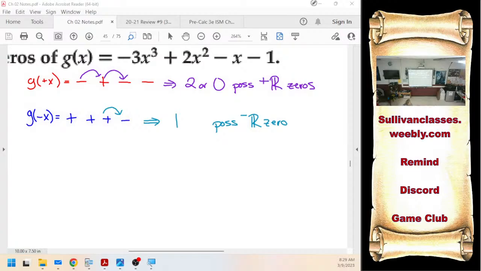There might have been no positive real zeros at all. But look at the negative. 1. I know there's one negative real zero. So I'm going to start guessing and checking with my negative numbers. I'm not going to start guessing and checking with my positive numbers because there's a possibility that I do all 8 of those positive numbers and none of them work. I'm going to start with my negatives.